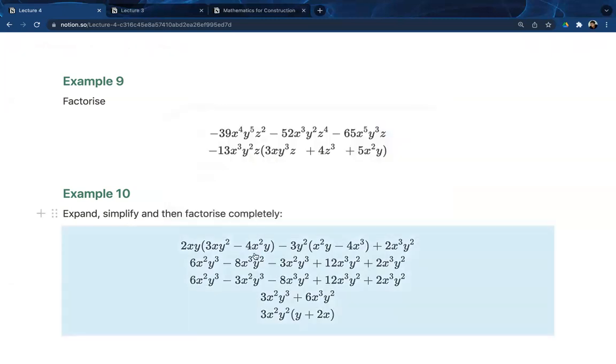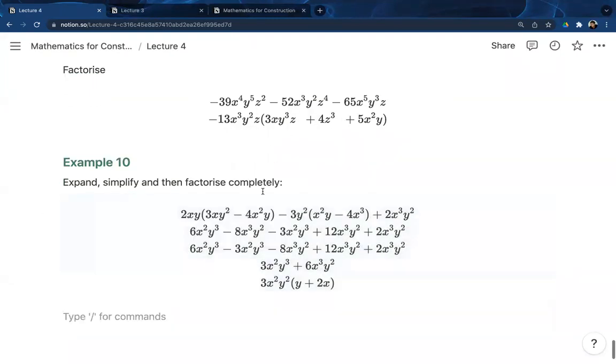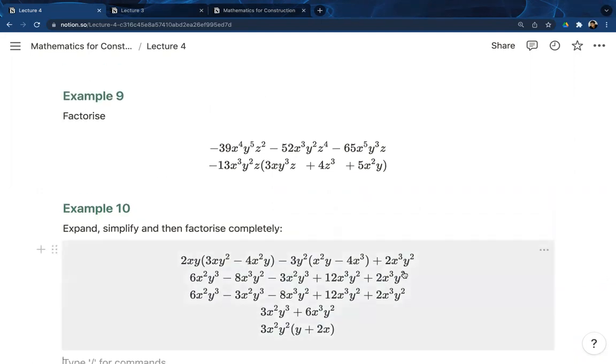So that's it. So expand is the first line. Simplify means the third line, that means collect like terms together. And factorize, well, you know what that is, pulling out the HCF outside here into brackets. So I hope you all got this and you understand what I just did.